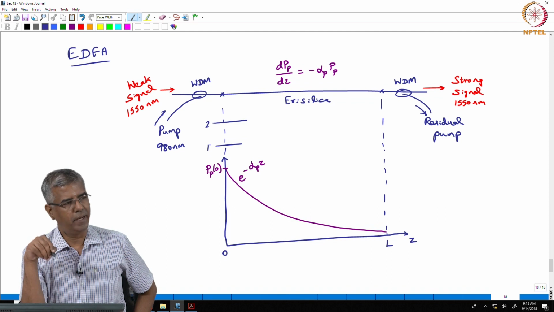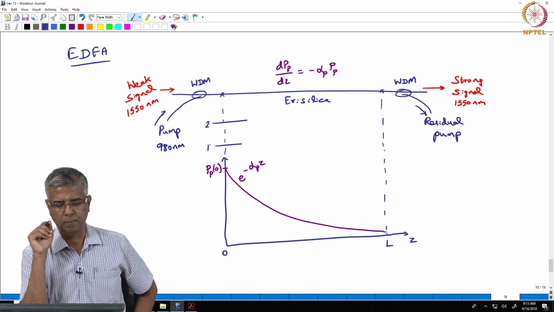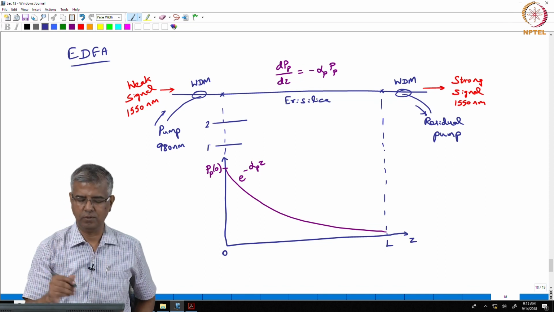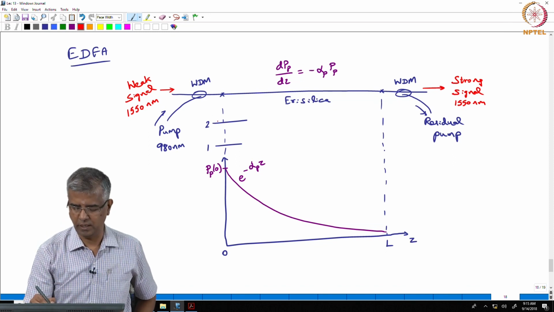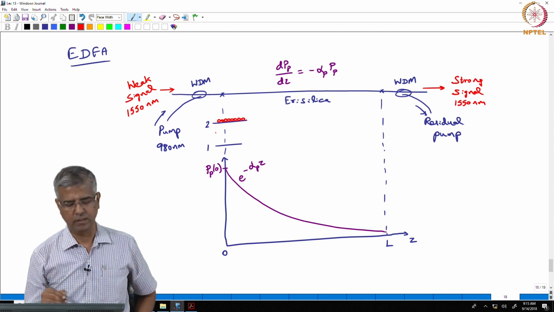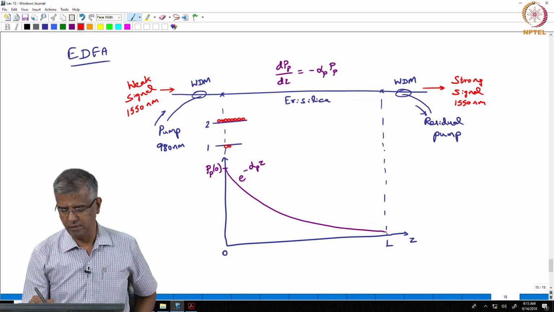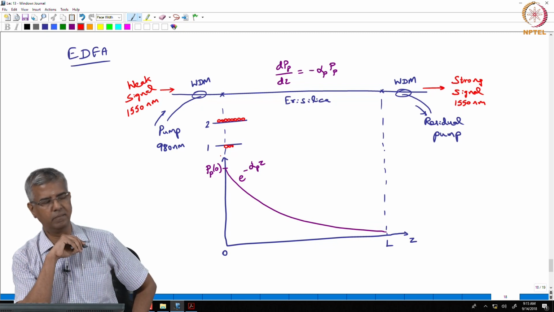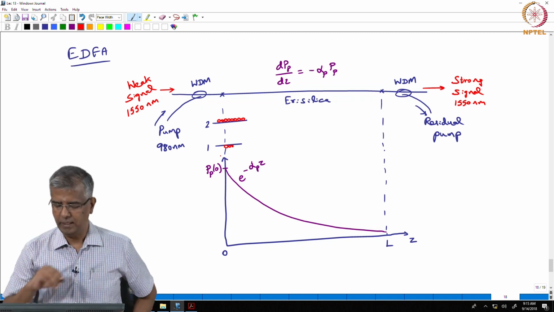You have a very high pump power at the beginning of that fiber. So, what can you say about the inversion there? There will be a lot of erbium ions going to the higher energy level compared to the lower energy level, right.